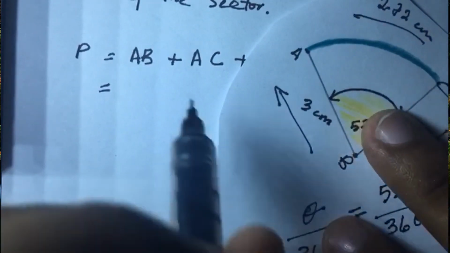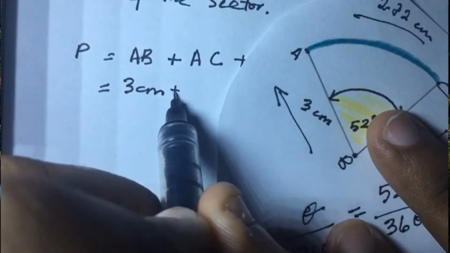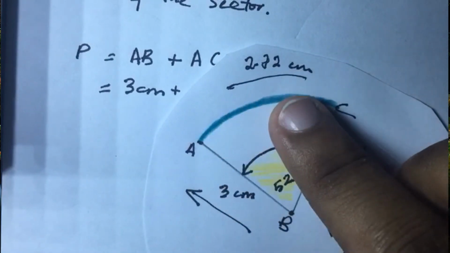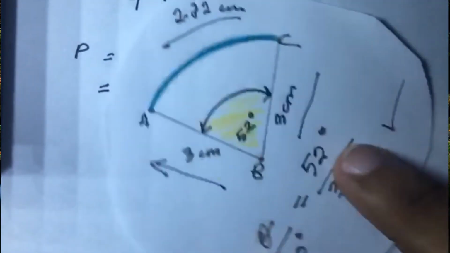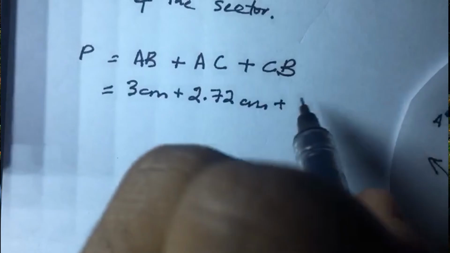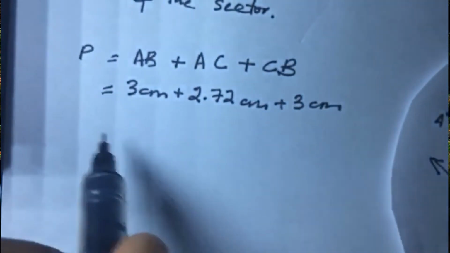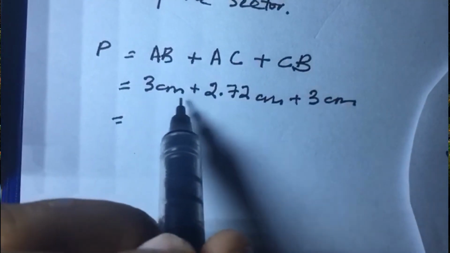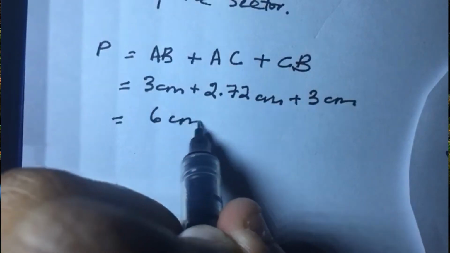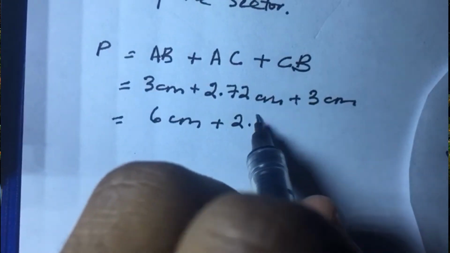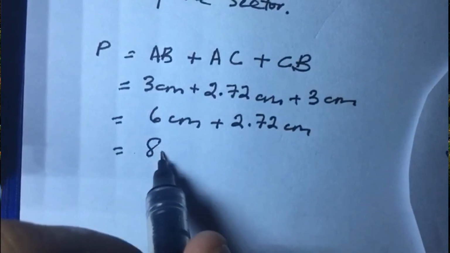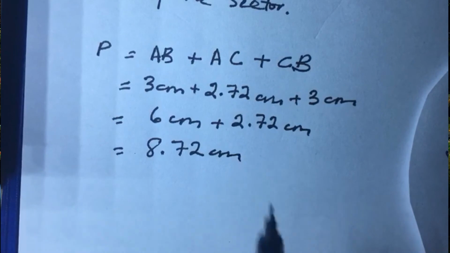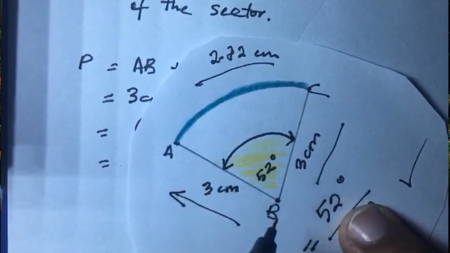AB measures 3 centimeters, AC measures 2.72 centimeters, plus CB is 3 centimeters. So 3 centimeters plus 3 centimeters gives me 6 centimeters, and I'm adding 2.72 centimeters to it. I'm going to get 8.72 centimeters, and that's the perimeter of this sector.